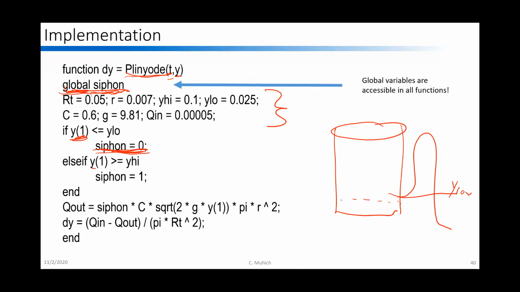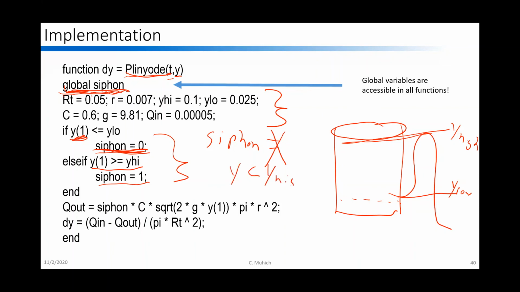Else if the height is above y high, turn the siphon on. Notice the siphon variable is not changed when y is between y high and y low. So I only change it if I go above or if I go below.